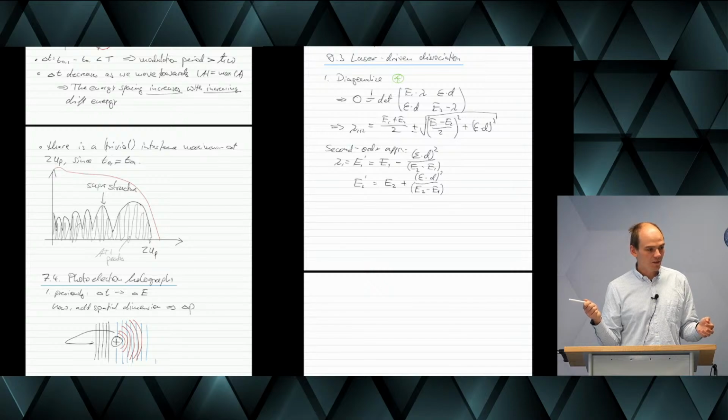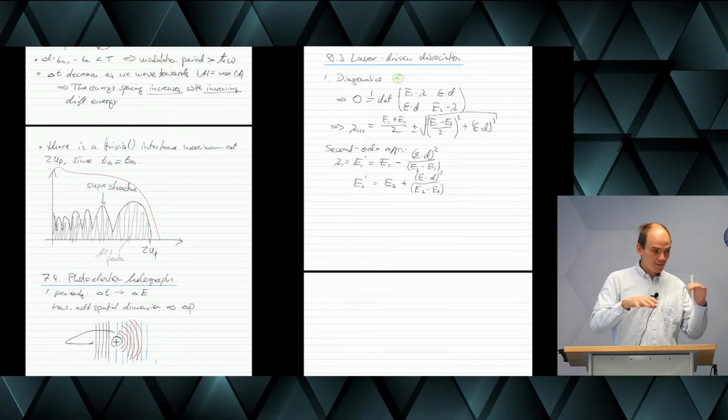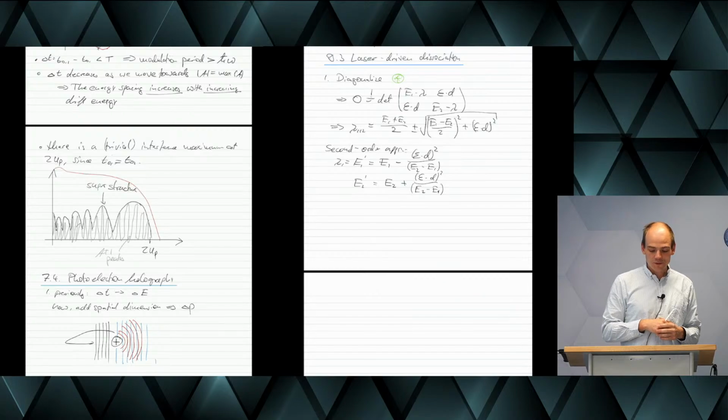These are essentially the eigenvalues of our laser dressed system. So if you consider the molecule plus the laser field as one system, now these are the eigenvalues. Our nuclei will now no longer move on the field-free states, but on those states, and this shows that the laser has an influence on the motion of the nuclei.